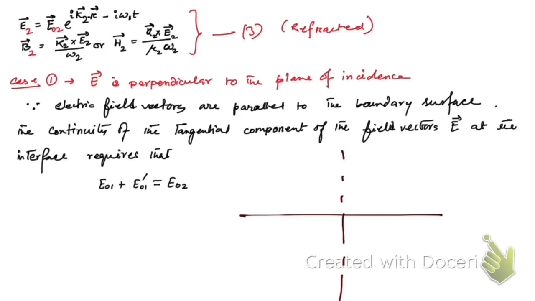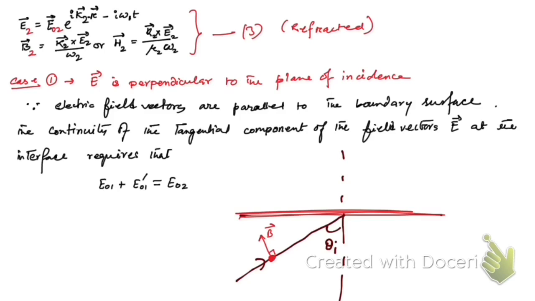Here you see this is the incident wave, and this is the angle of incidence theta I, and the magnetic field is in this direction. We have taken this B vector, and the electric field is perpendicular to the screen of your device, which is already parallel to this boundary, if you imagine it that way, right?